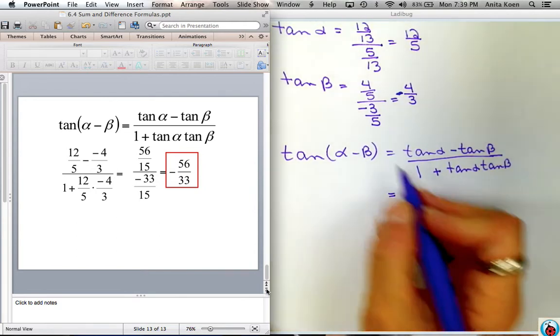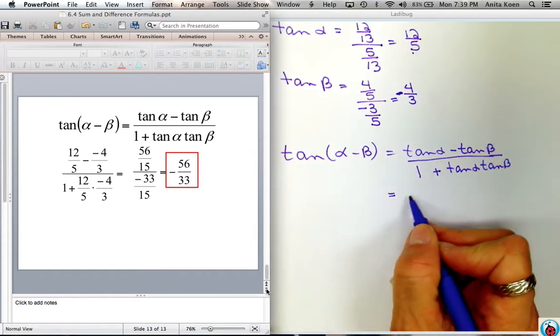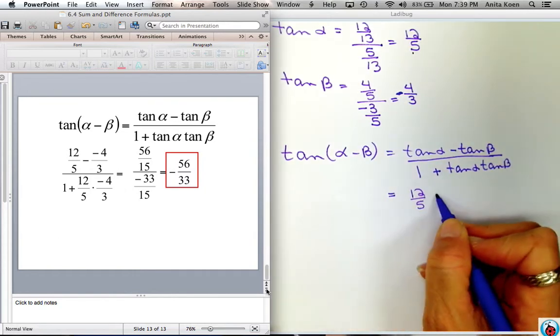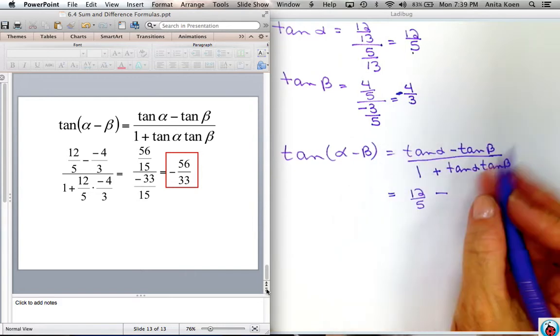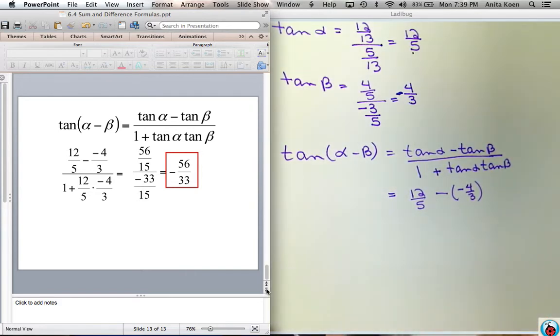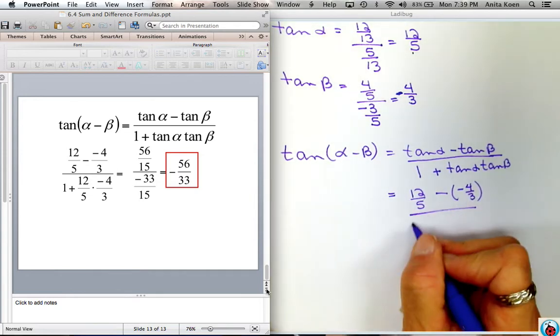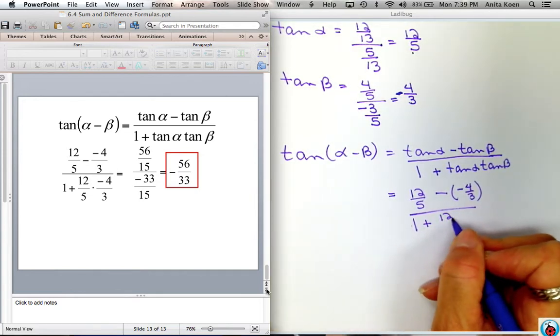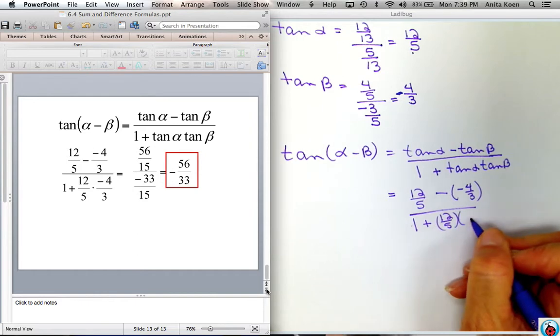You'll know them. So the tangent of alpha is 12 over 5, minus the tangent of beta, which is negative 4/3. So we're going to subtract negative 4/3, divided by 1 plus the tangent of alpha, which is 12/5, times the tangent of beta, which is negative 4/3.